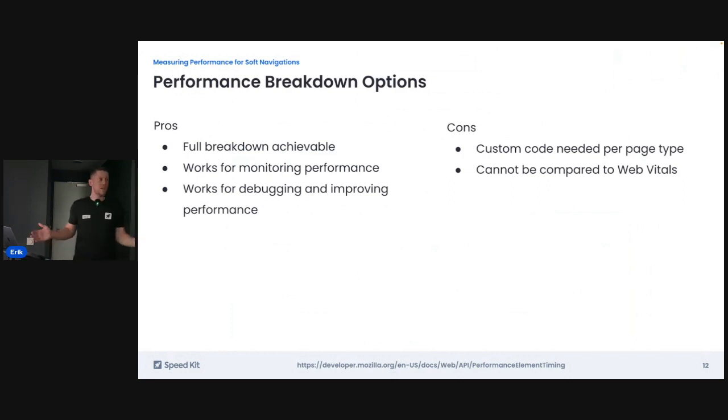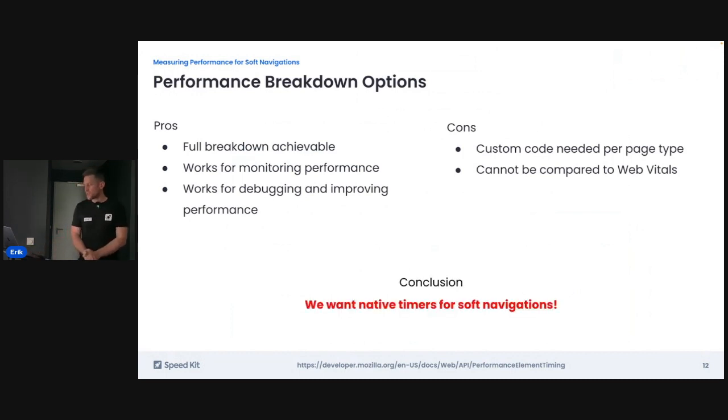And then also, you still cannot compare this to a multi-page app. Even if you would say, okay, let's try out for a month to do just hard navigations on our new fancy single-page app, you don't have any metrics to compare whether this is better. You can, of course, look at a web page test example and see, okay, yeah, maybe not. But you can't have real user monitoring data. So that is a pity.